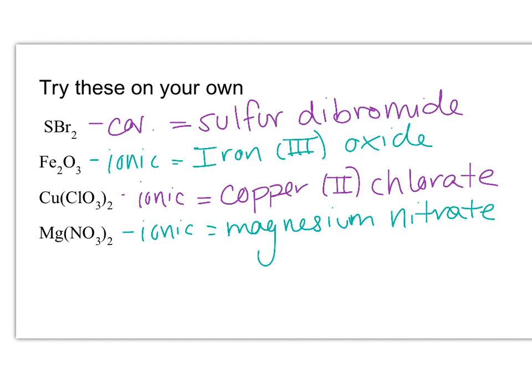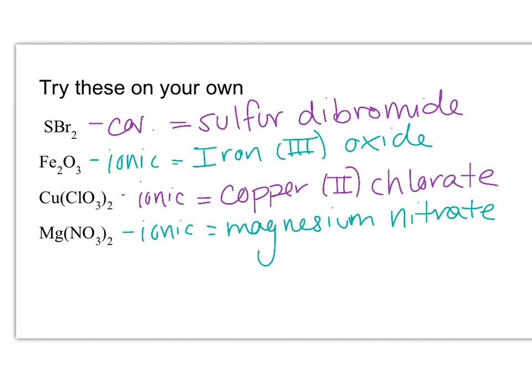Second one, Fe2O3. We have a metal there of iron, so that's ionic. Iron is a transition metal, so we also have to include what its charge is. We uncrisscross to figure out that it's iron 3 oxide. Copper, and then 2 chlorates. Chlorate is a polyatomic ion.